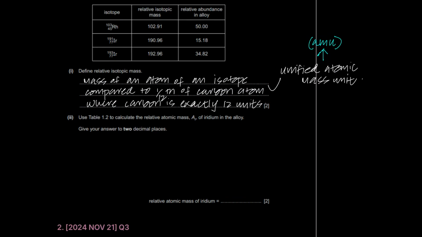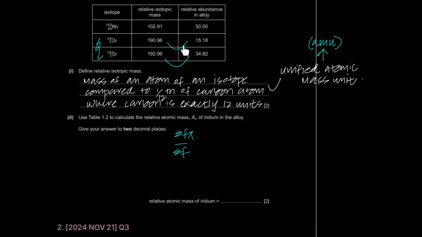Now it says calculate the relative atomic mass of iridium in the alloy. So we just need to look into these two. How do you calculate the relative atomic mass? It's the relative isotopic mass multiplied by the abundance. It's basically taking the weighted average, summation fx divided by summation f, simple mathematics.